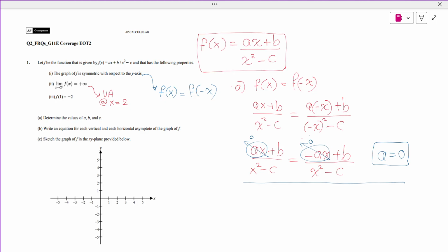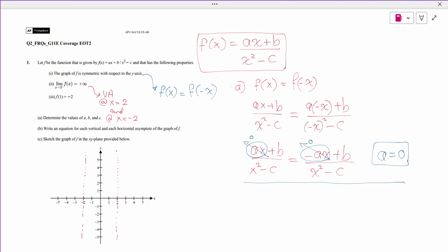So at x equals 2 here, we have a vertical asymptote, right? And due to symmetry, we have a vertical asymptote at x equals minus 2, because the graph is symmetrical with respect to the y-axis. So we have a vertical asymptote at x equals 2 and at x equals minus 2, because it's symmetric.